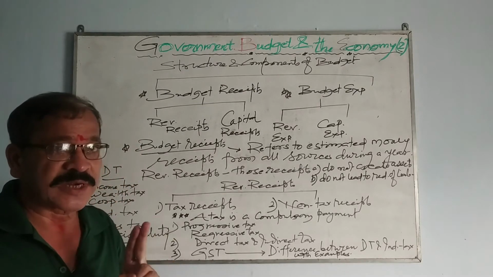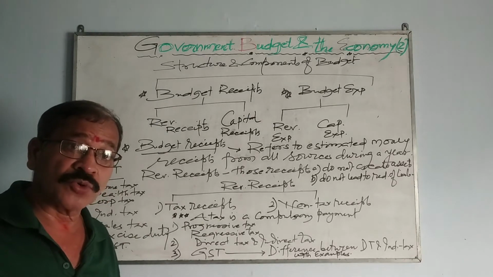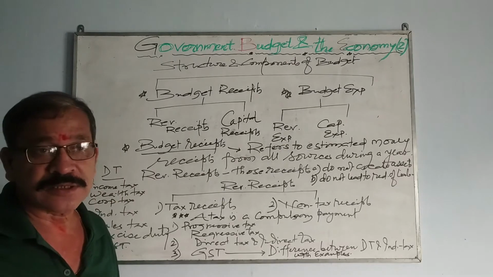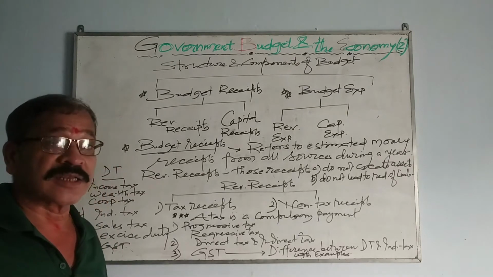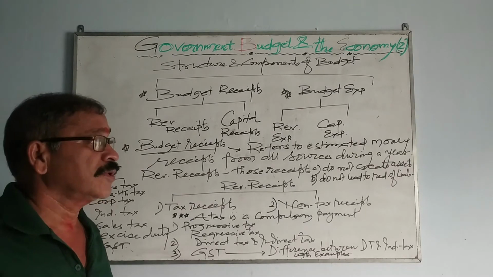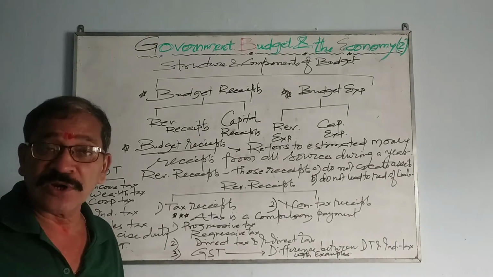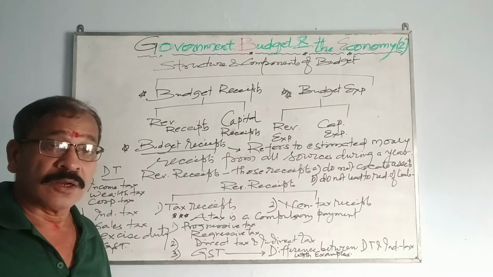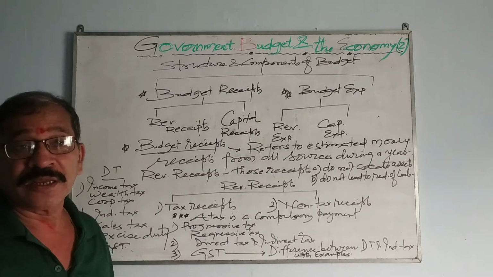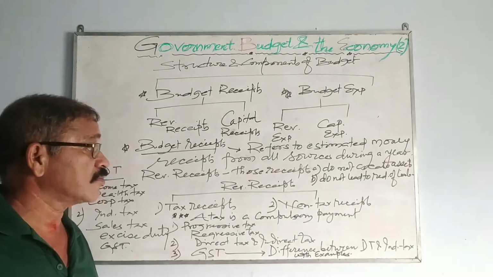Revenue receipts are those receipts which do not create any assets, and at the same time, they do not lead to reduction of liability. That means your liabilities will not reduce and new assets will not be created. That is what revenue receipts are.